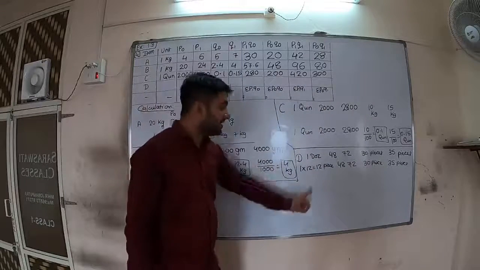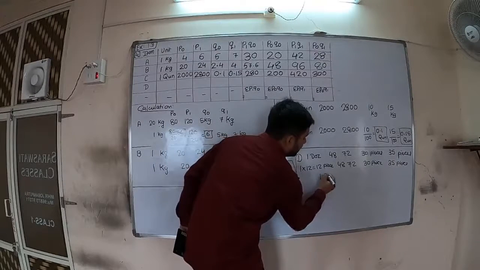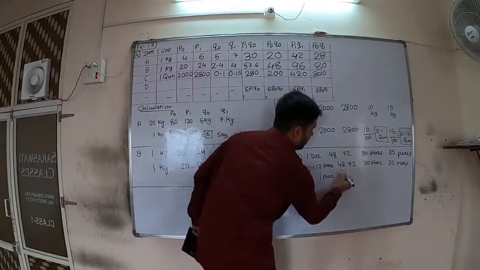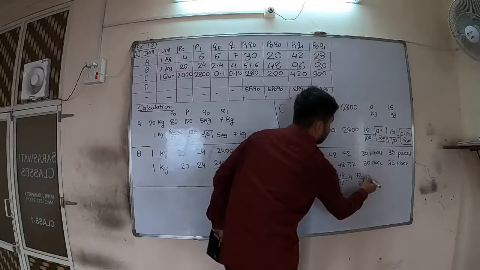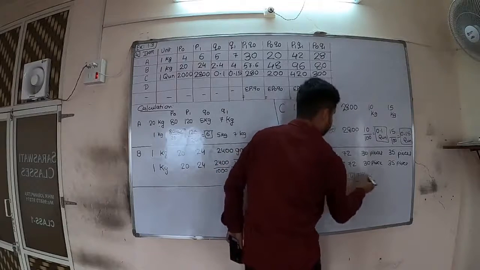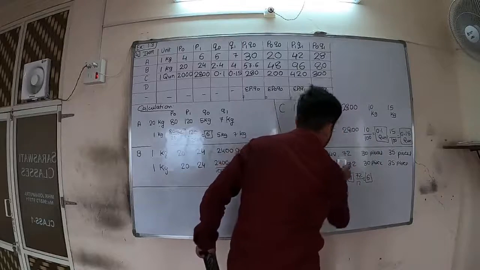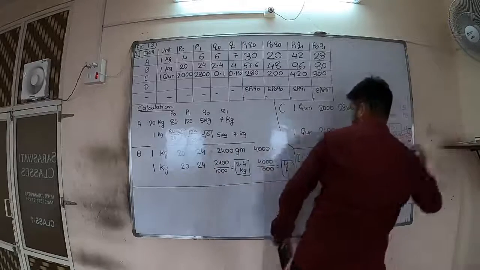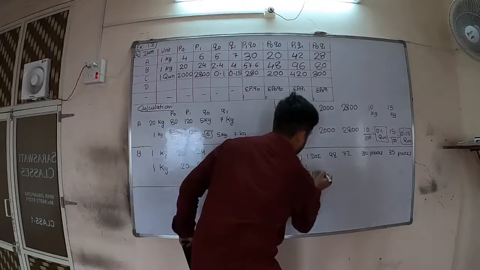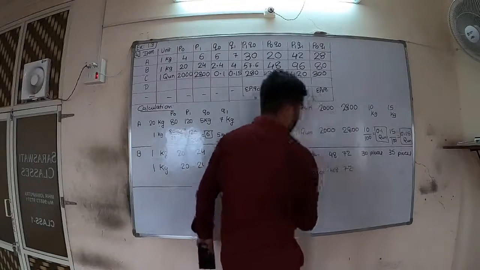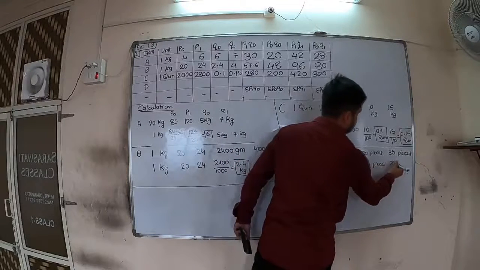Now the second step: the unit is not 1, the unit is 12 piece. So what we will do is make it 1 piece. 48 by 12 is 4, 72 by 12 is 6. I have made a change here because there is less space.